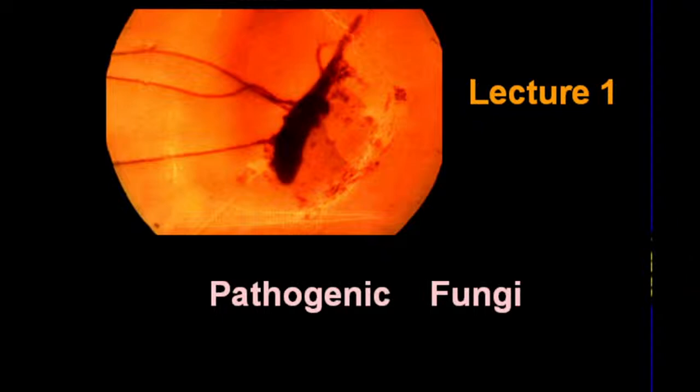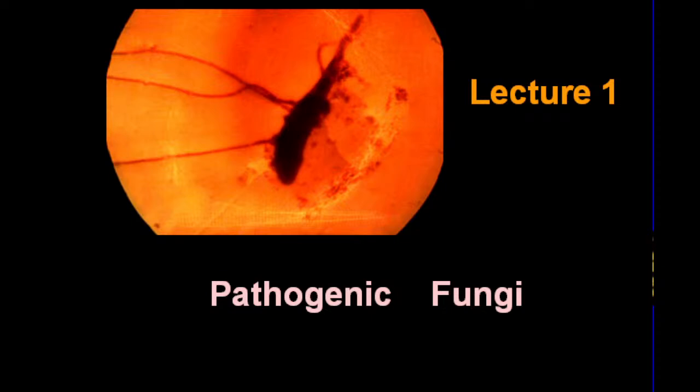What kind of diseases they cause? And this is a very important thing. How do we culture them, identify them, and what kind of drugs do we use to inhibit their growth or to kill them? So, and we start on the first slide.